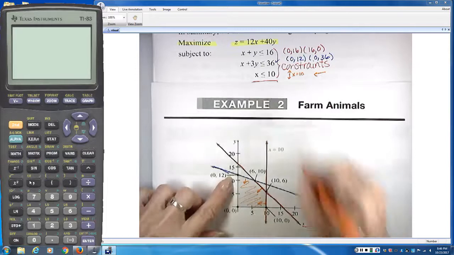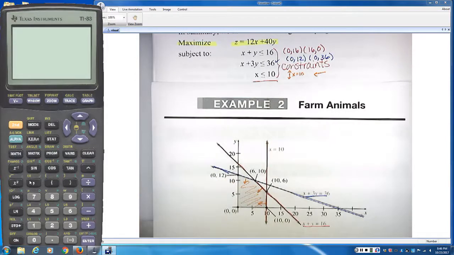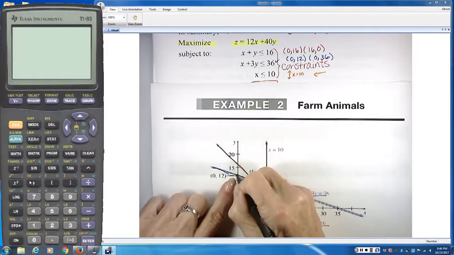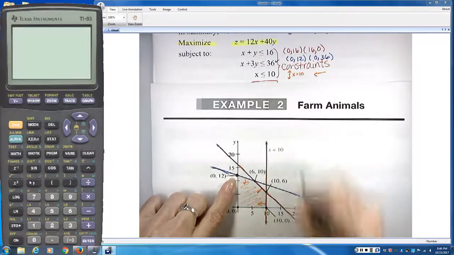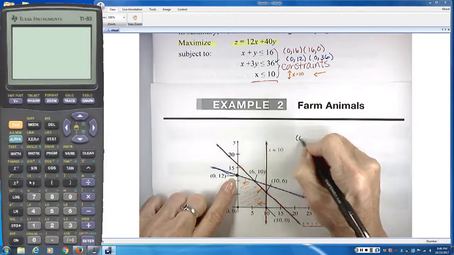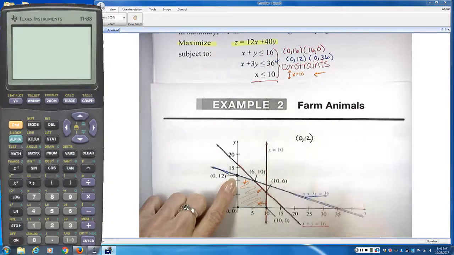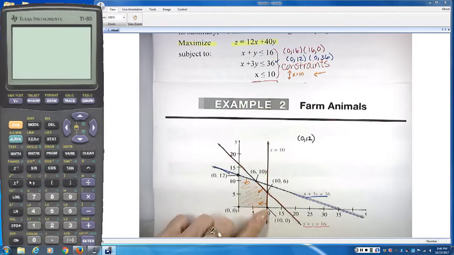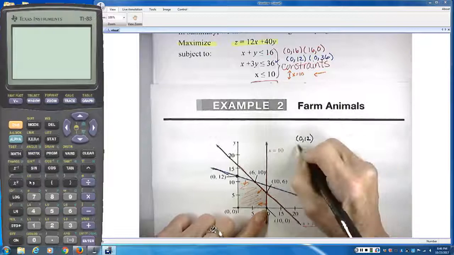So one of our corner points, you can see here, one of the corner points is 0, 12. This corner point is going to be 10, 0.